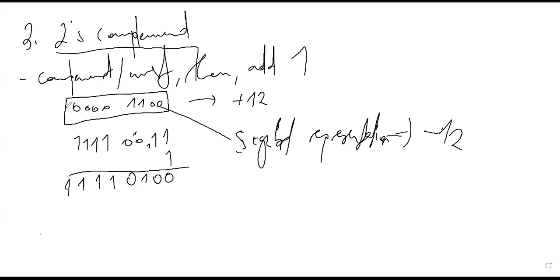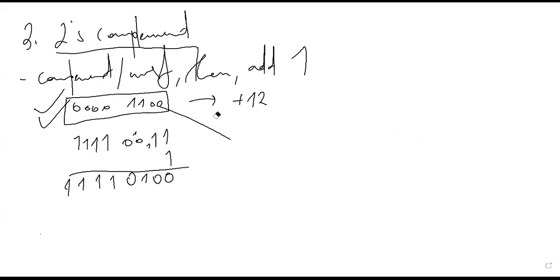But then if I ask you to find negative 12 using sign bit magnitude representation, then you use this. But in this case, we are not talking of sign bit magnitude representation. We are on 2's complement.